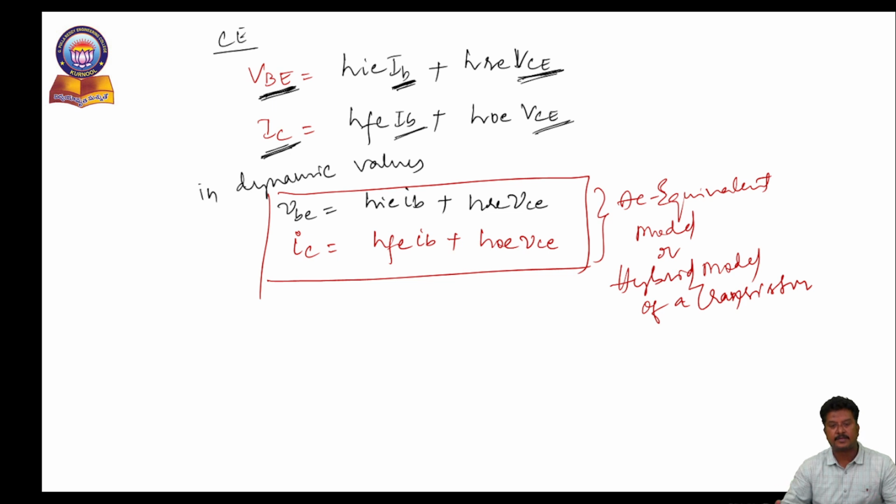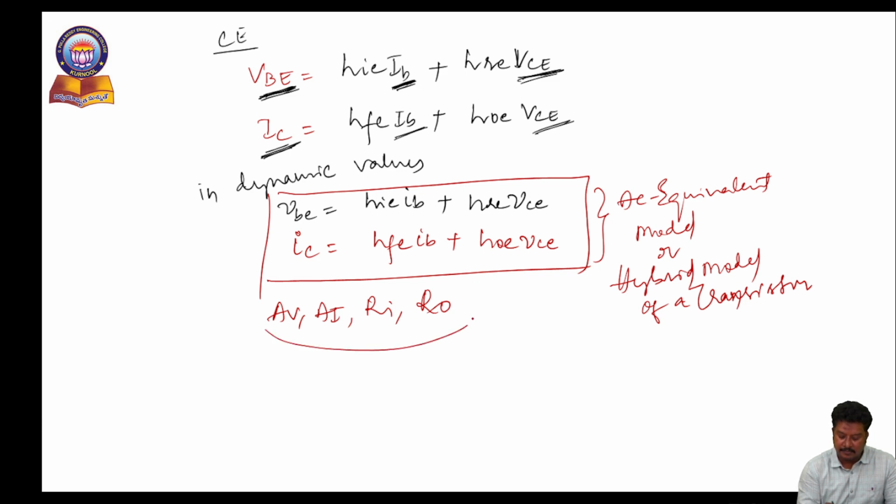From these equations, we will try to construct or draw the AC equivalent model, and from that we will try to evaluate all the parameters which are related with the amplifier. Once you know the model, then we can easily find out all the parameters of the amplifier like voltage gain, current gain, input resistance as well as output resistance.